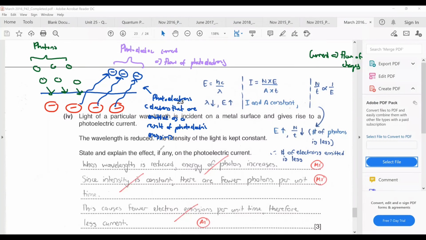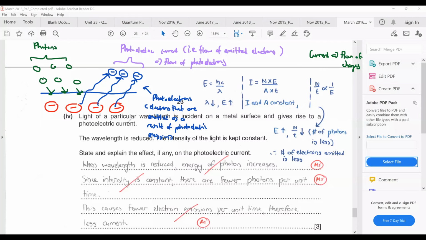They tell you what happens if you reduce the wavelength of your EM radiation while keeping the intensity constant. What happens to the photoelectric current? Photoelectric current here refers to the flow of the photoelectrons, or in other words, the flow of emitted electrons, whichever you like. So what can you say about your photoelectric current now?